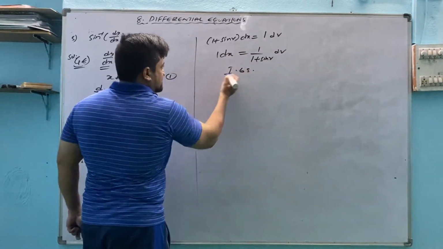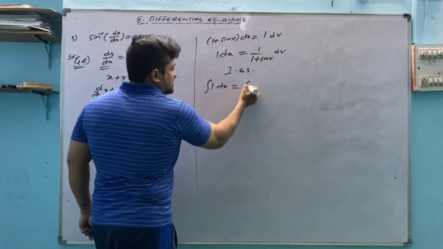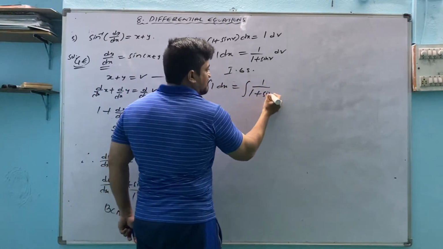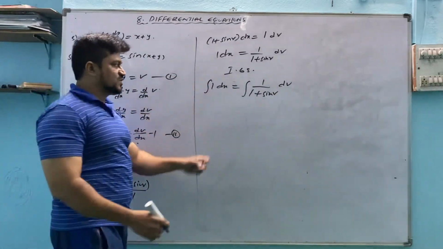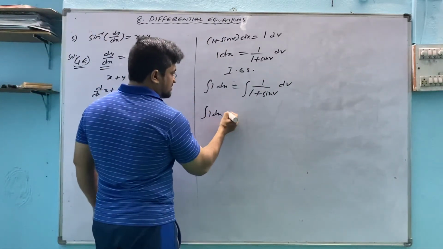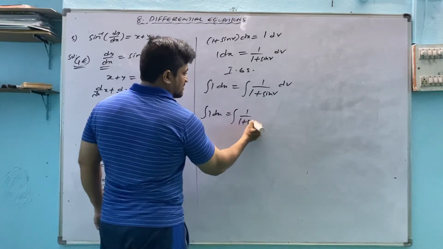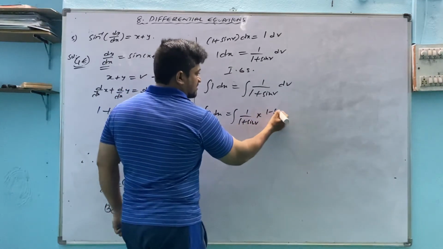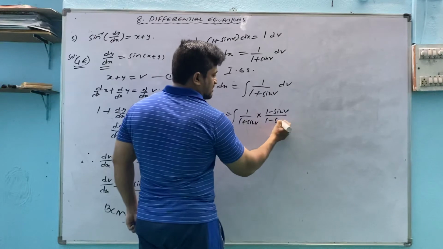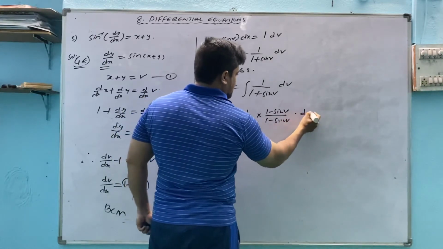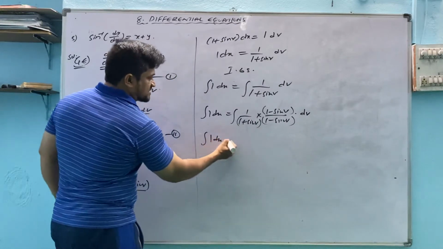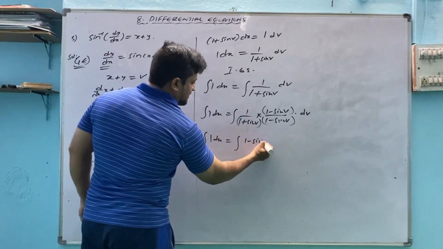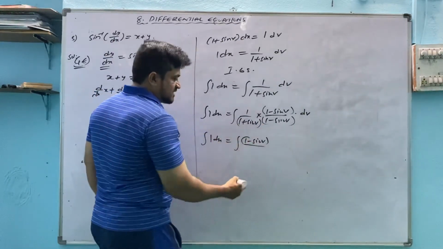Integrating both sides. Integral 1 dx is integral 1 by 1 plus sin v dv. 1 plus sin v is there, you can rationalize that. Integral 1 dx equals 1 minus sin v by 1 minus sin square v, which is cos square v.